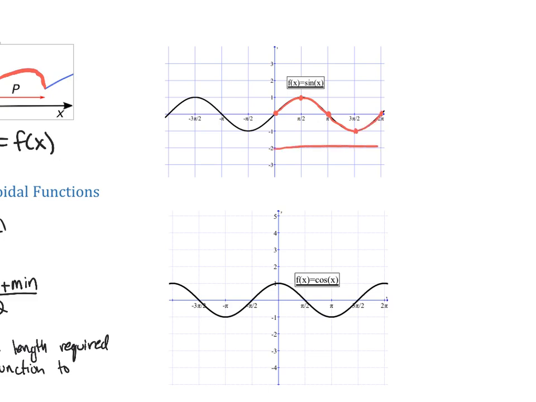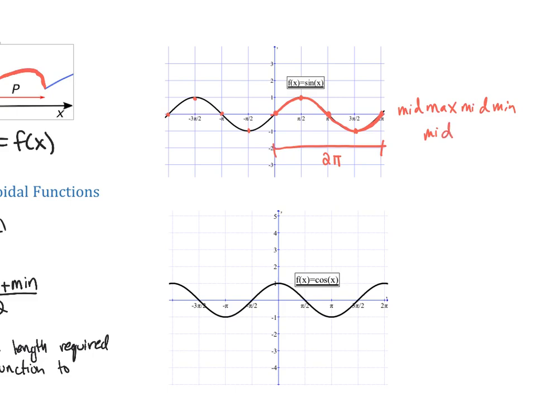It takes a length of 2 pi to do that, and you can see that that same exact picture is repeated over here over a length of 2 pi. We want to think about what the sine function looks like in particular as this first fundamental period where it goes midline, max, midline, min, midline.